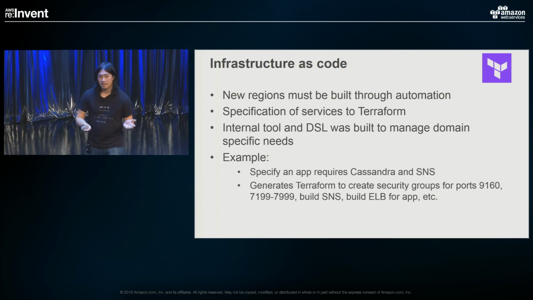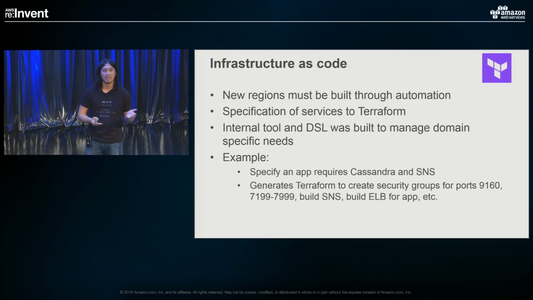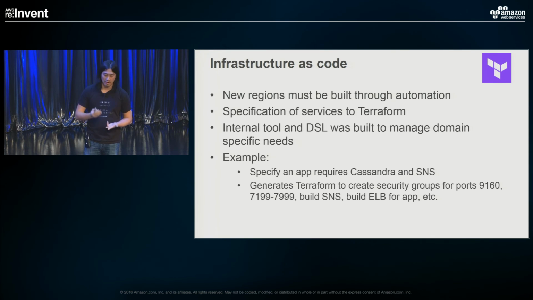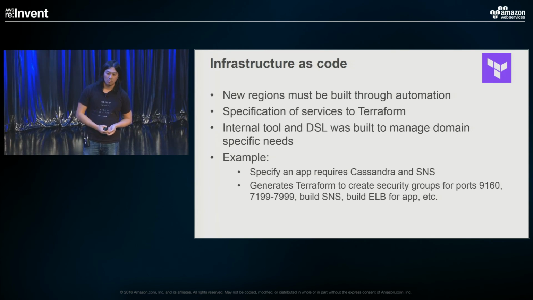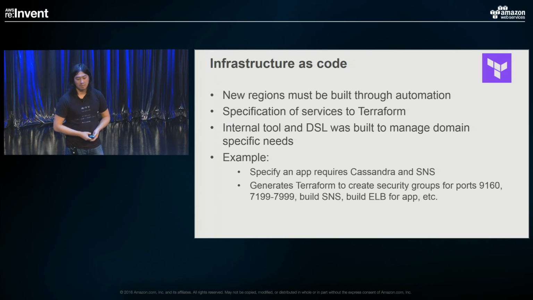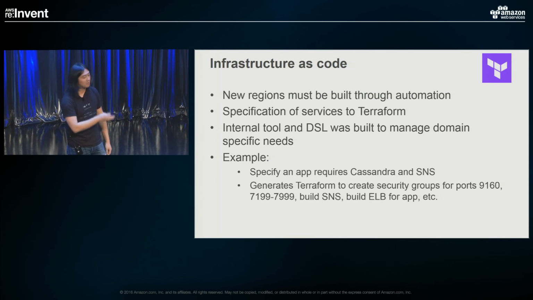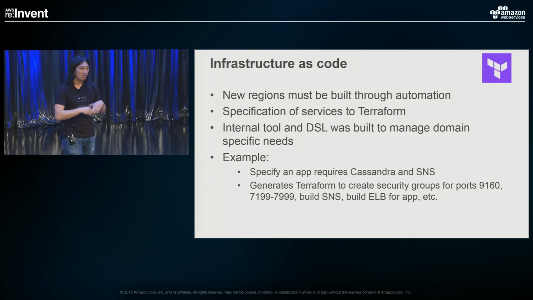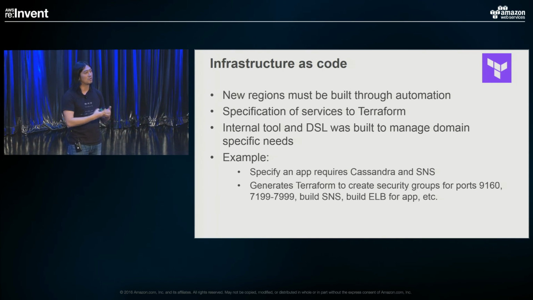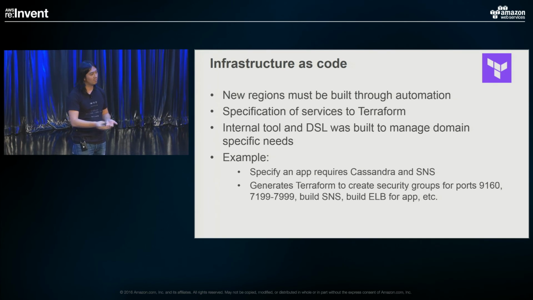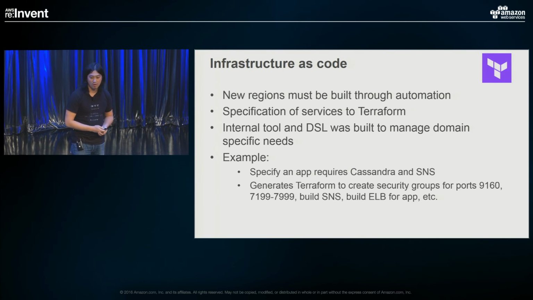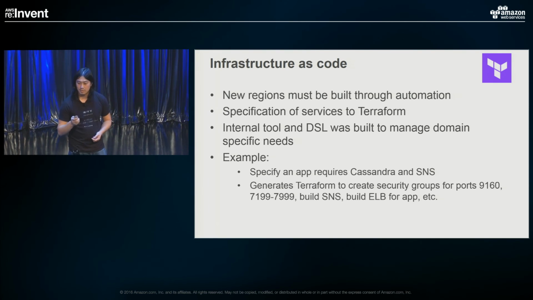The specification would generate security groups for ports 9160 and 7199, build an SNS, build an ELB, and all the infrastructure needed to support that microservice. We had this for all the different microservices, so we could just print out all our infrastructure for all of them.